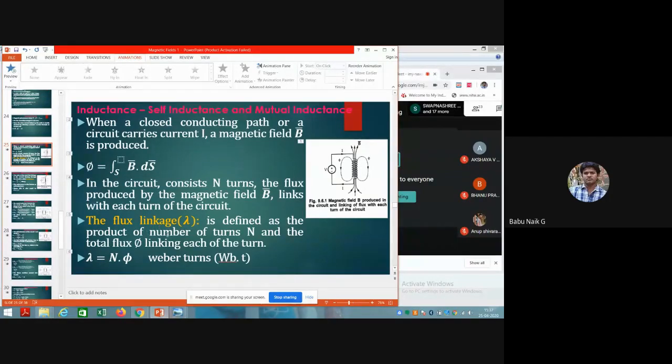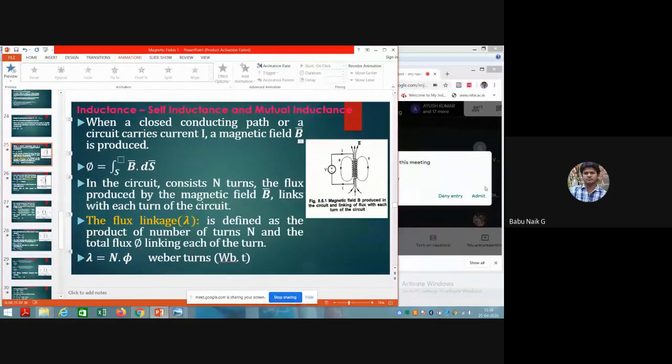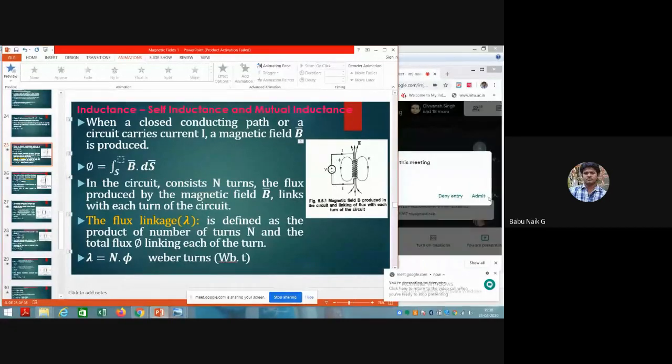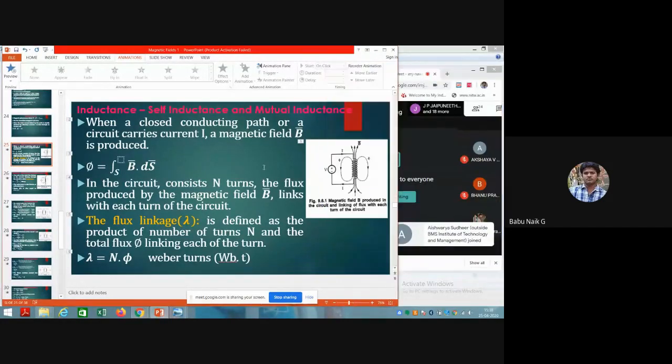The flux linkage, with the symbol lambda, is the product of the number of turns and the total flux. So lambda equals N into phi.